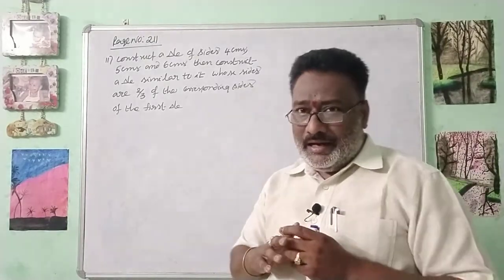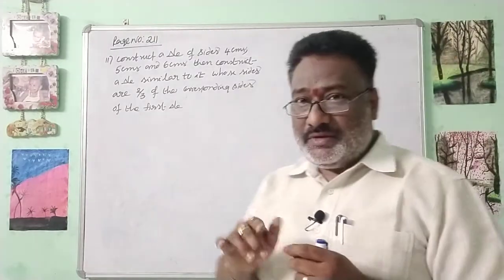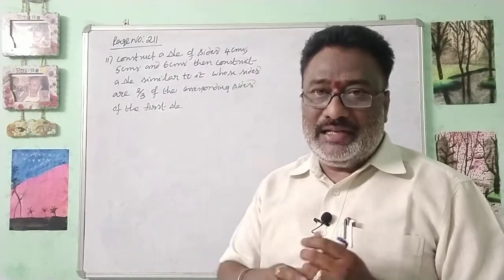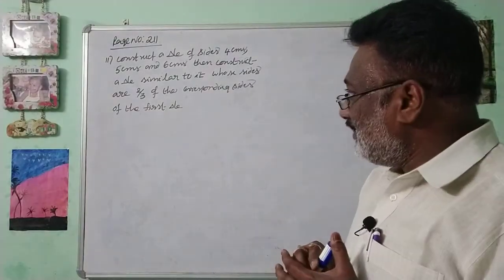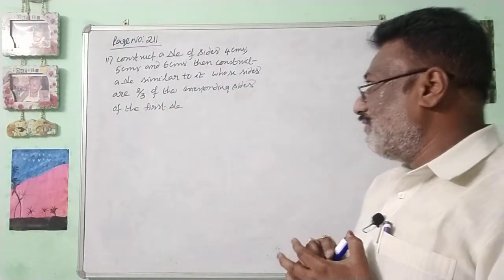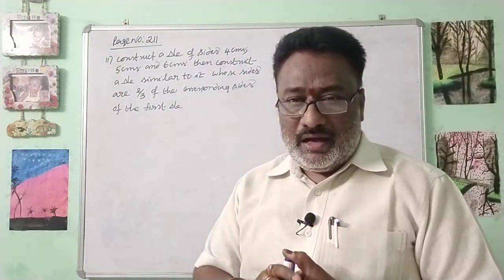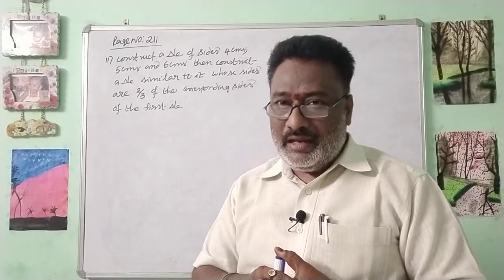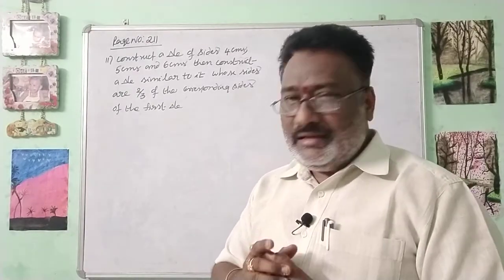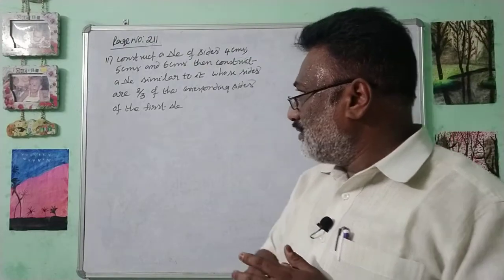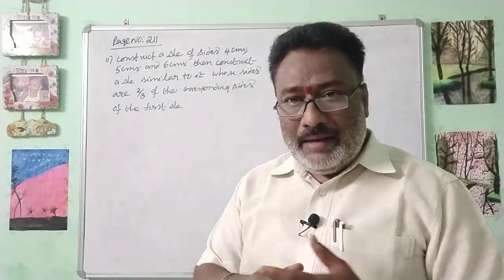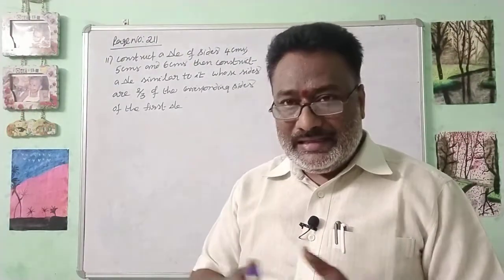But here it is not possible to construct with your own measurements, because we have been given the measurements of the triangle ABC. So here 4 centimeters, 5 centimeters, 6 centimeters, like that, you need to take the measurements and draw one triangle ABC. Okay, but here the triangle ABC, just I am taking, you can name the triangle as PQR also, whatever it is.